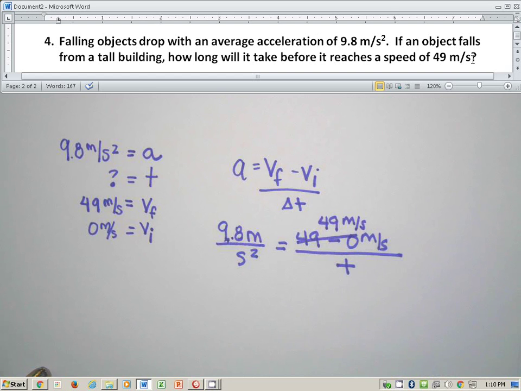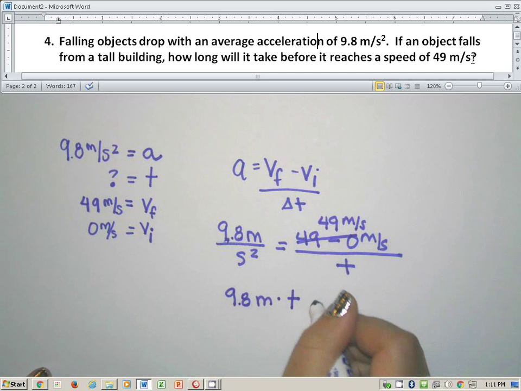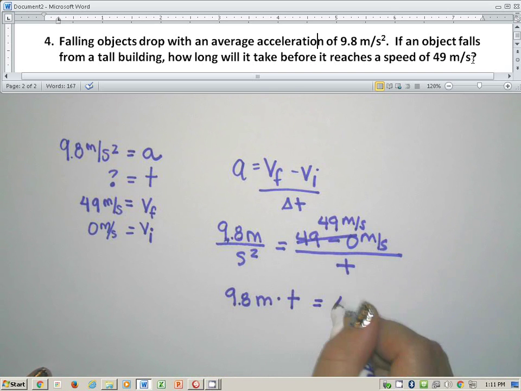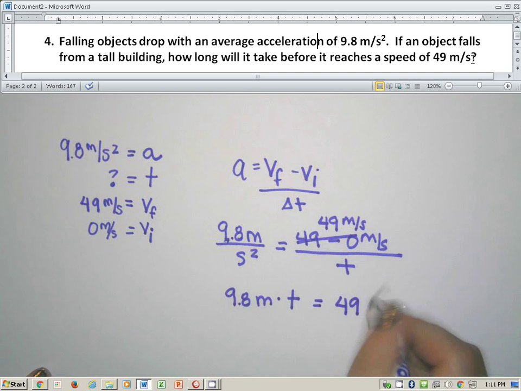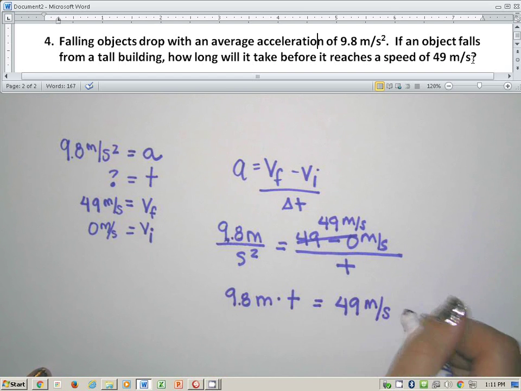Well, now I can cross multiply. I can do 9.8 meters times T is equal to this, 49 meters per second times second squared.